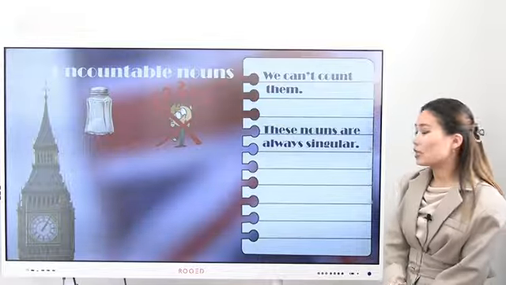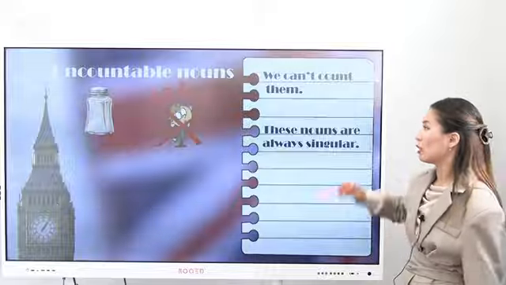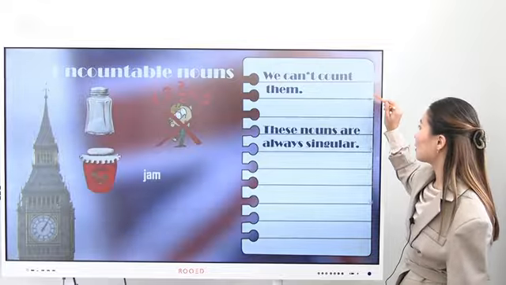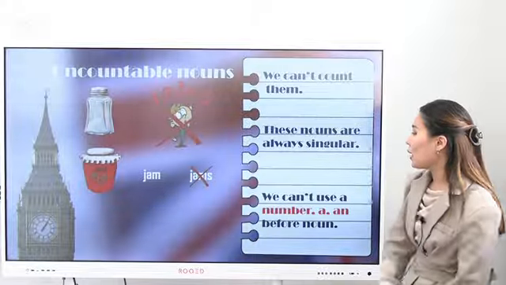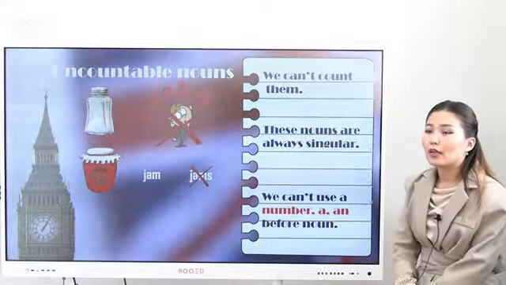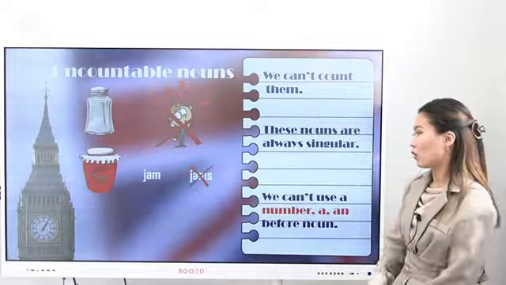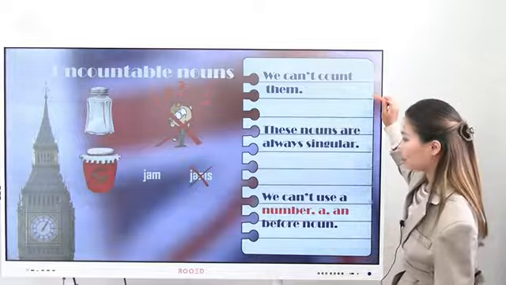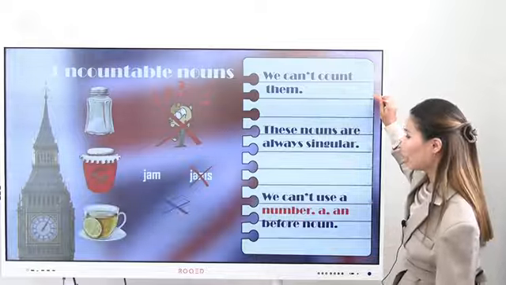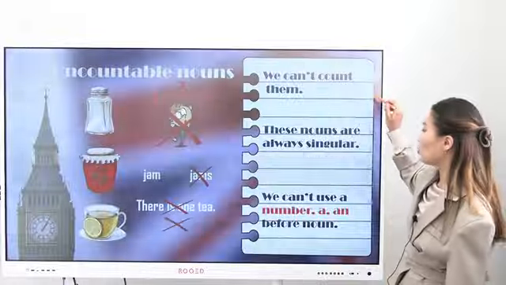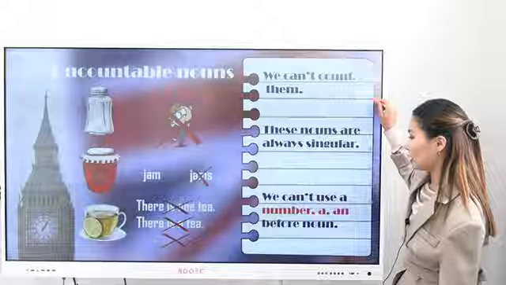And these nouns are always singular. For example, jam, but not jams. Next, we can't use a number or articles a, an before a noun. For example, tea, but not there is one tea, there is a tea, or there is an tea.